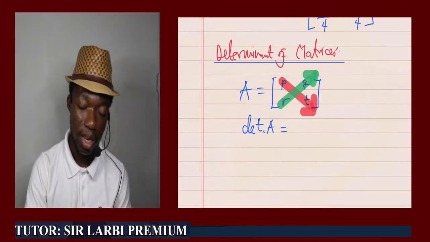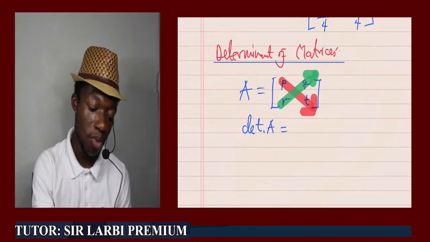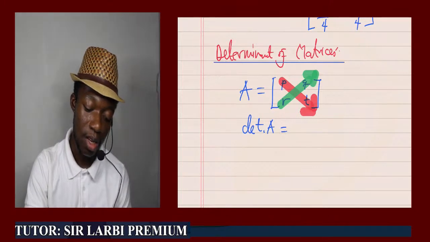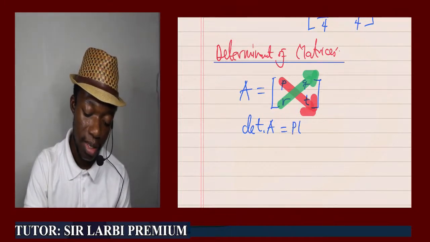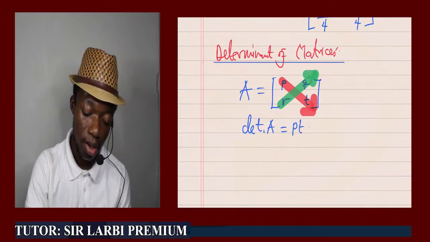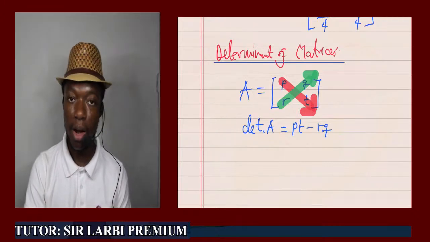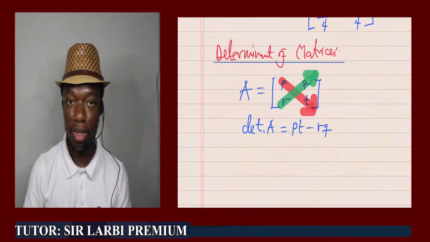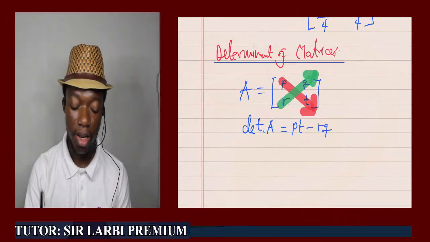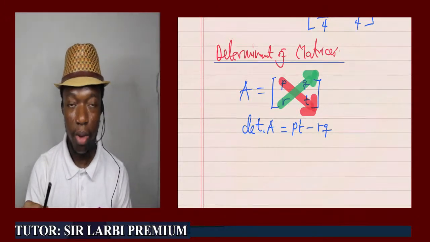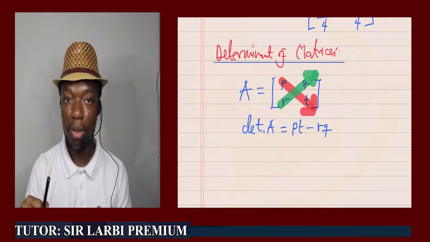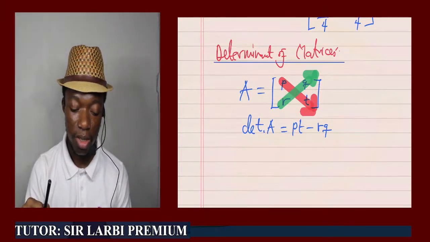That means if you want to find the determinant of A, the determinant of A should be PT, the multiplication of PT, compared with the multiplication of RQ. And that will give us the determinant of the matrix A. That is also another thing that you want to really understand when it comes to the determinant of a matrix.